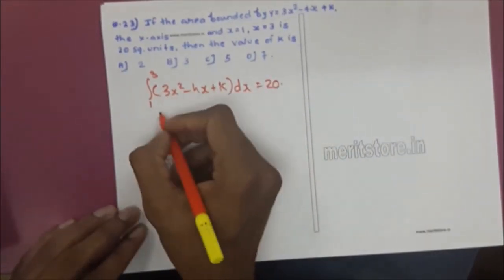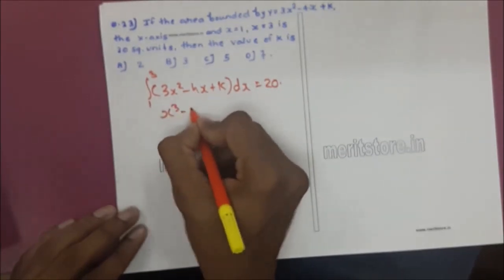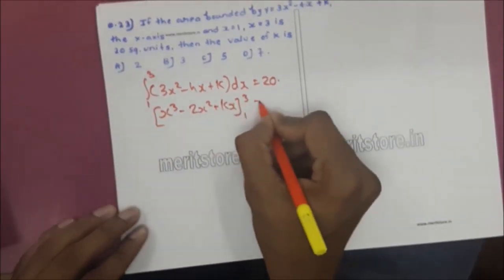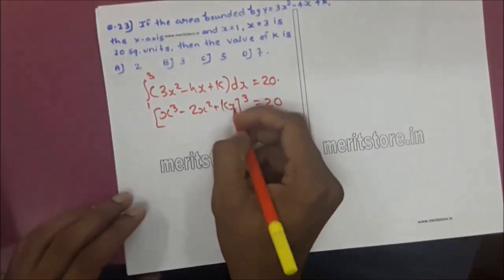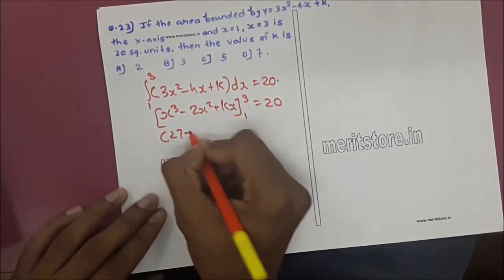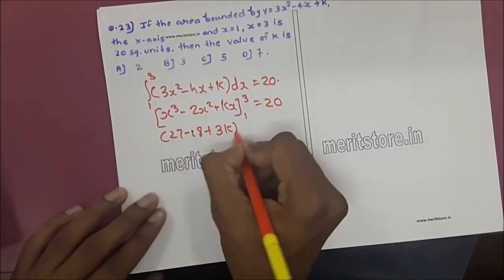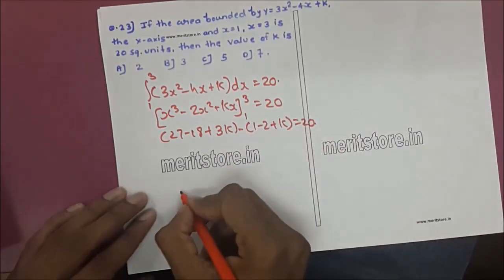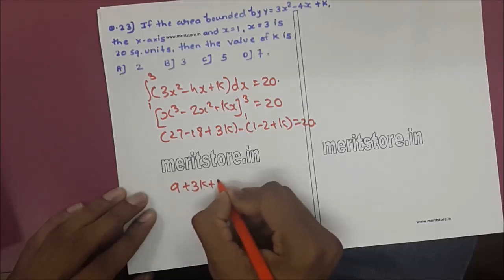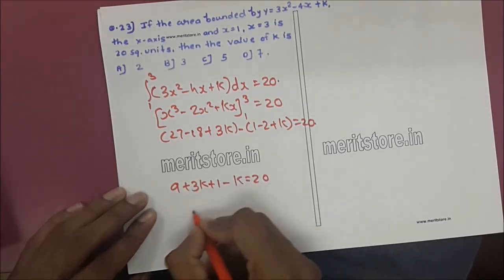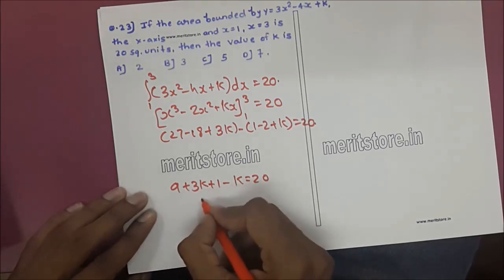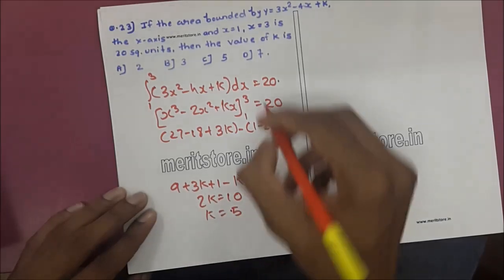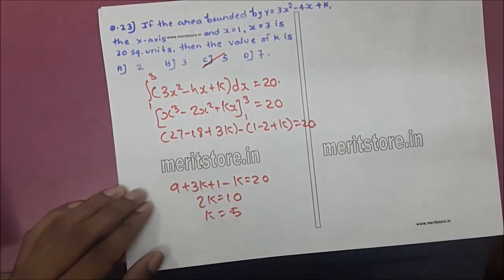So we integrate this equation, we get x cube minus 2x square plus kx from 1 to 3 equal to 20. We substitute the value of limits in x, we get 27 minus 18 plus 3k minus 1 minus 2 plus k is equal to 20. So we get 9 plus 3k plus 1 minus k is equal to 20. We solve this, we get 2k is equal to 10, that is k is equal to 5, which is option C. Option C is the correct answer.